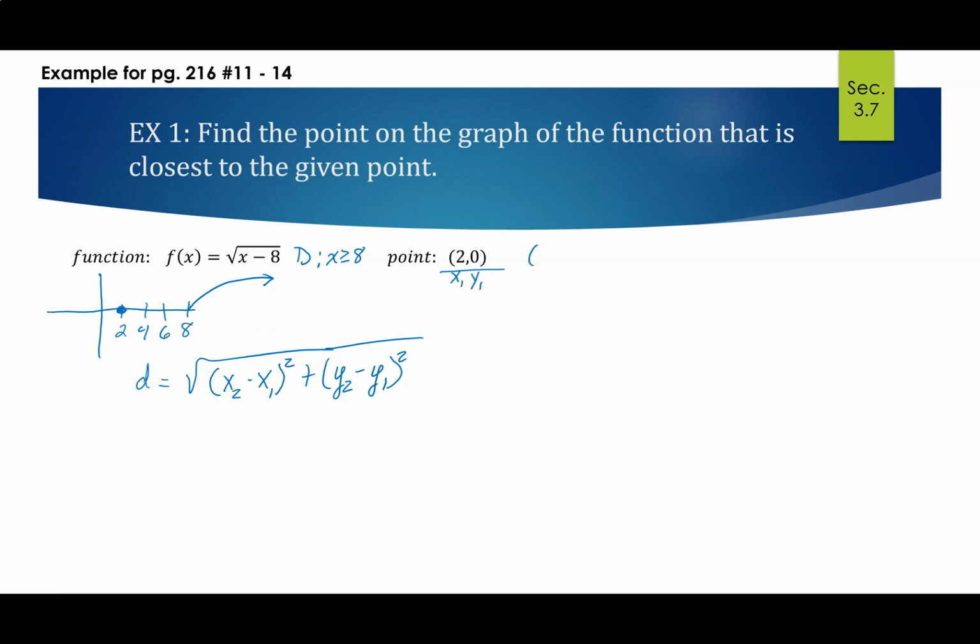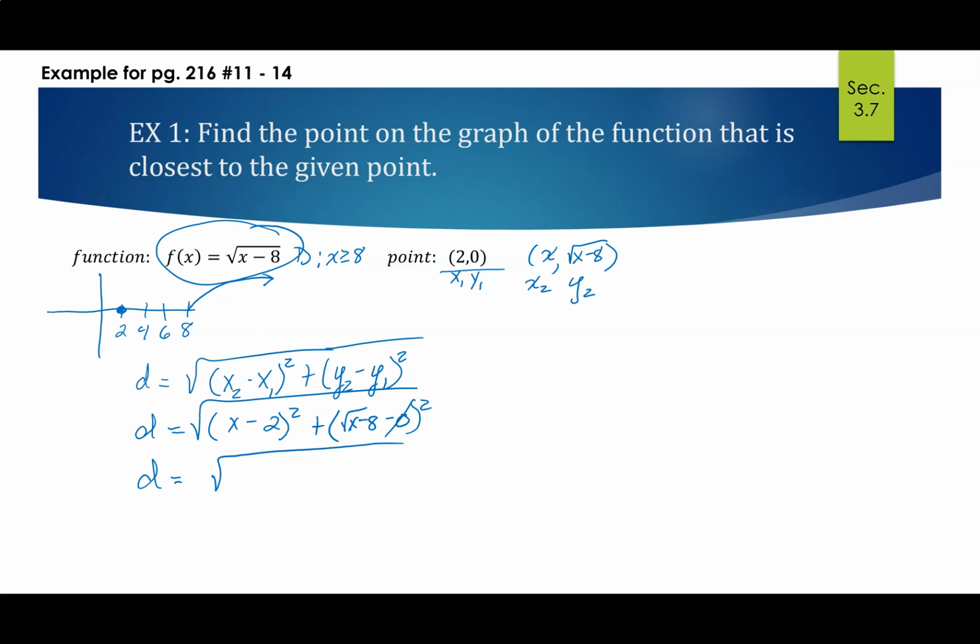And then I need another point, x2, y2. So I look at my function. My function uses x's, and my y values come from the square root of x minus 8. And so if I plug that into my distance formula, I have the square root of (x minus 2) squared plus (the square root of x minus 8) minus 0, squared. The 0 goes away.